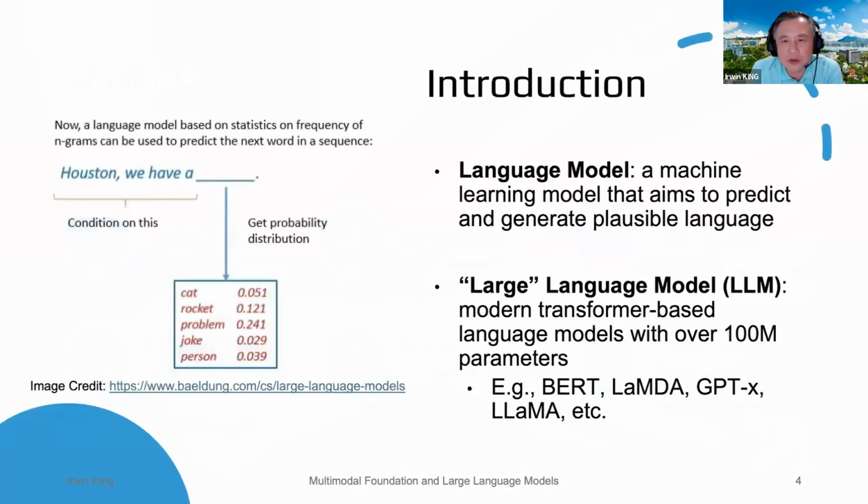Now, many of you may know what a language model is. A language model is basically a machine learning model that aims to predict and generate plausible language, in this case possibly the next word. Given a lot of input text, you can calculate the probability of a word occurring following a word, and this probability has a certain distribution of word choice.